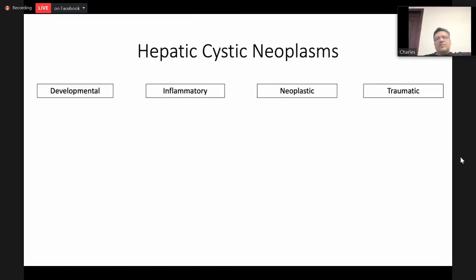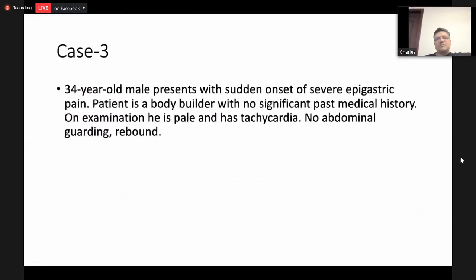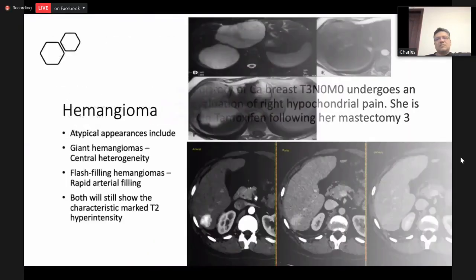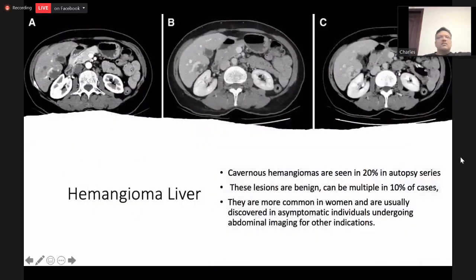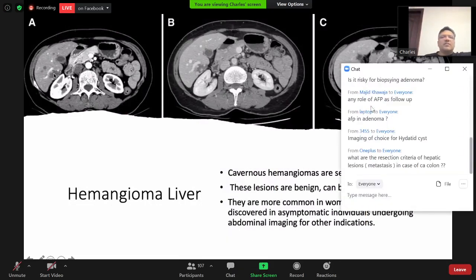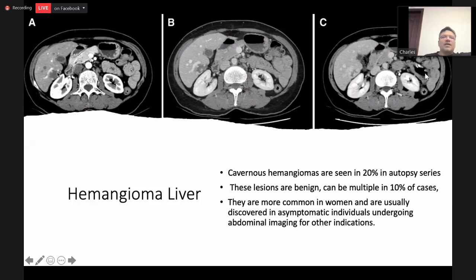If I go to the previous slide on hemangiomas, if you see this lesion here, I'm not sure whether you can see. This is a hemangioma, and in the arterial phase you can see peripheral nodular enhancement, which is discontinuous. It's globular or nodular, and this follows the blood pool.